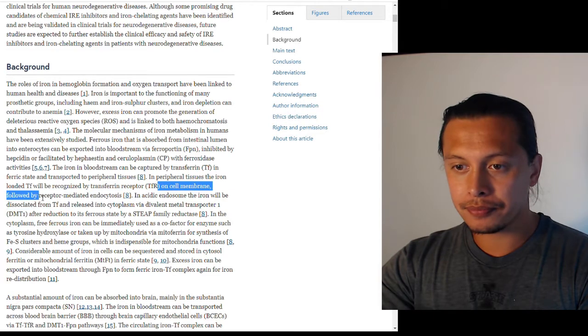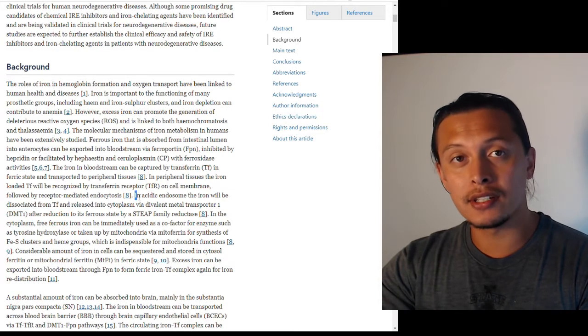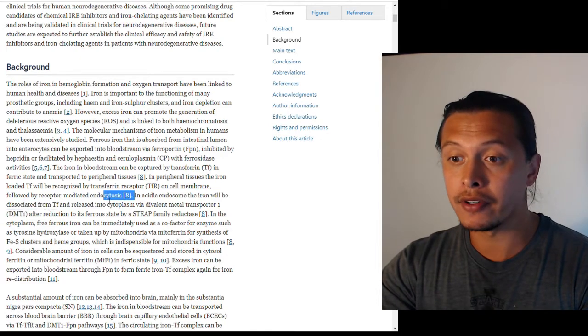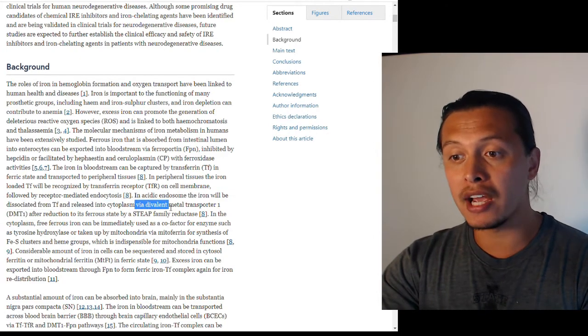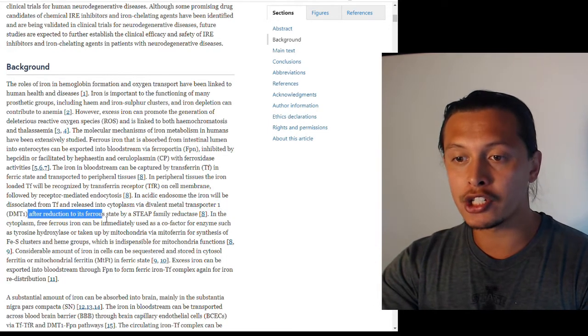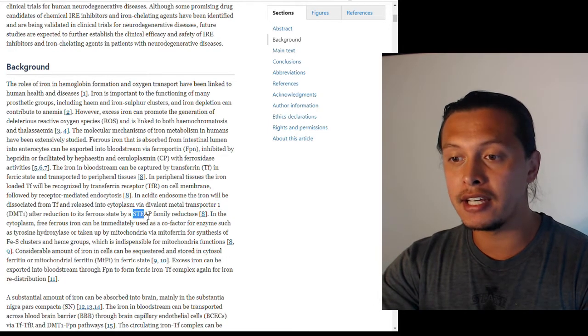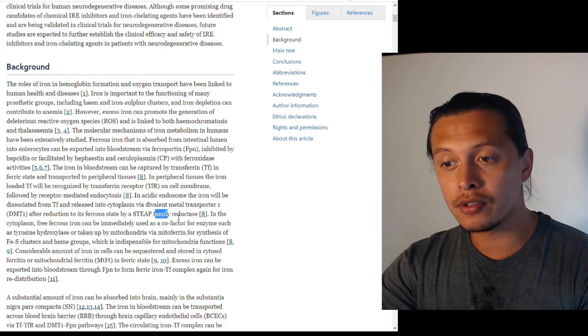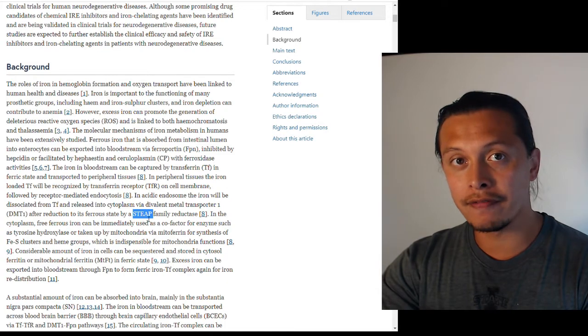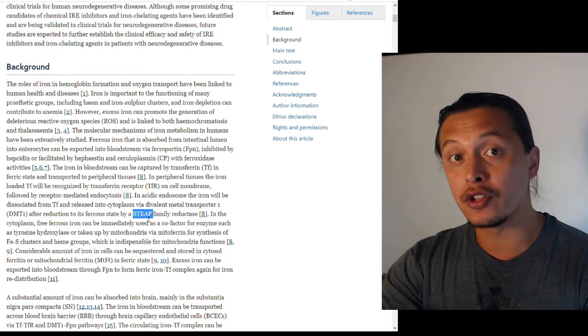And so once it's taken into the acidic endosome, the iron will be dissociated from the transferrin and released into the cytoplasm through divalent metal transporter, or DMT1, after reduction to its ferrous state by an STEAP family reductase. So this reductase in the STEAP family will add an electron to the ferric ion and then turn it into the ferrous ion.